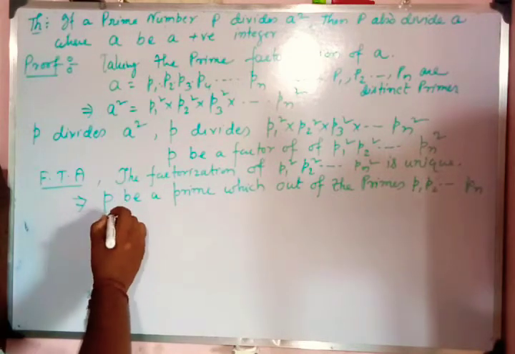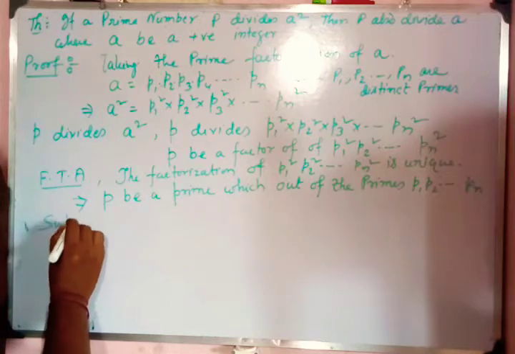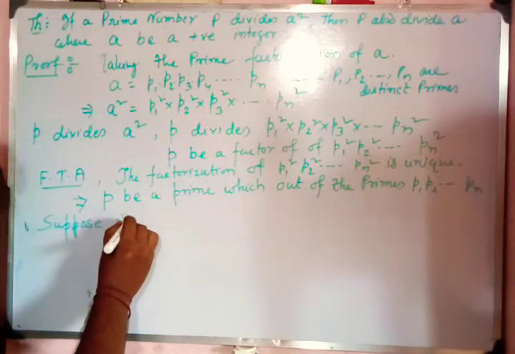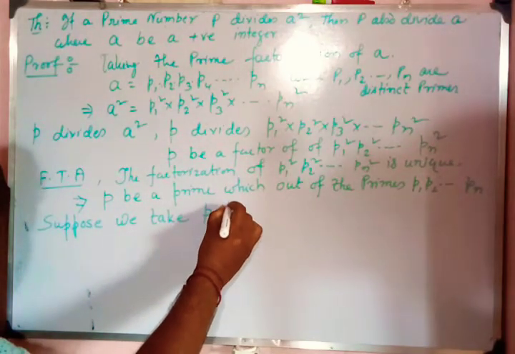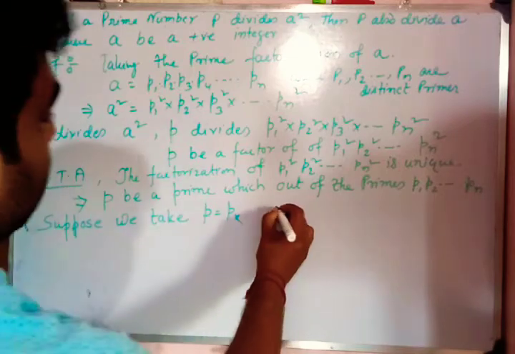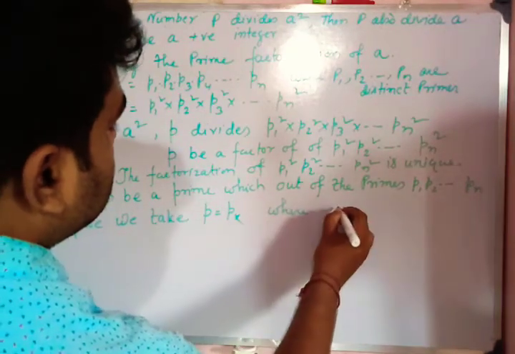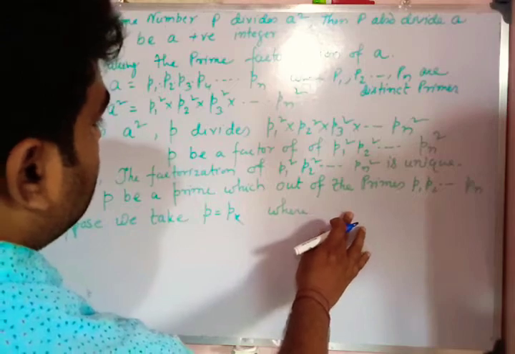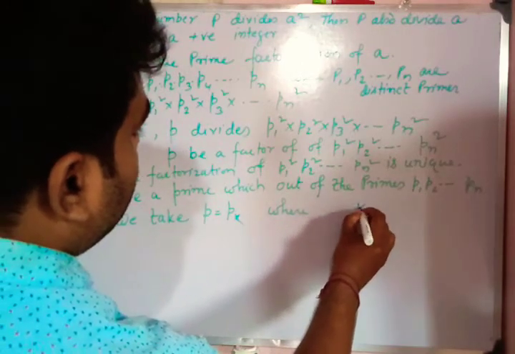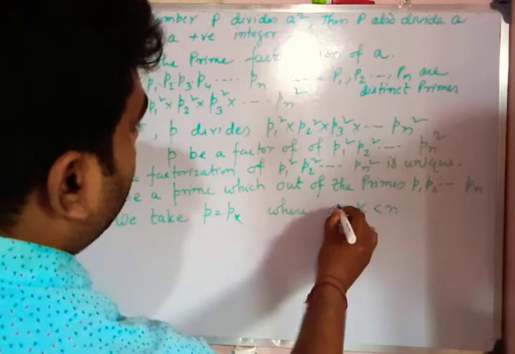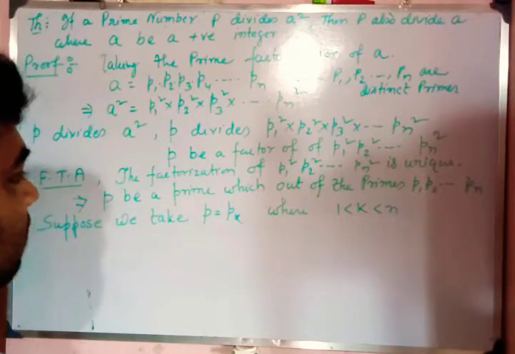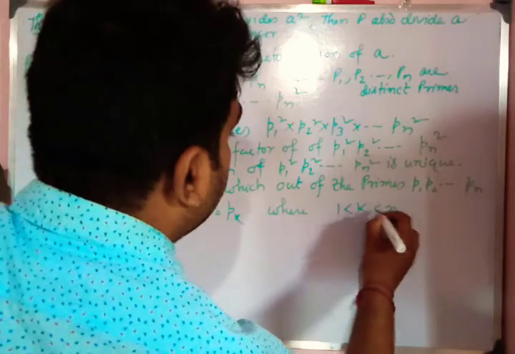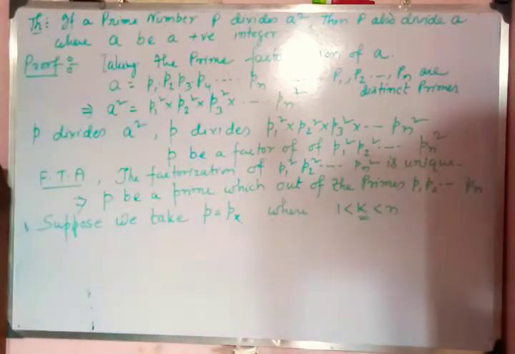Suppose we take p equal to pk, where k lies between 1 and n, for some value k that lies between 1 and n.